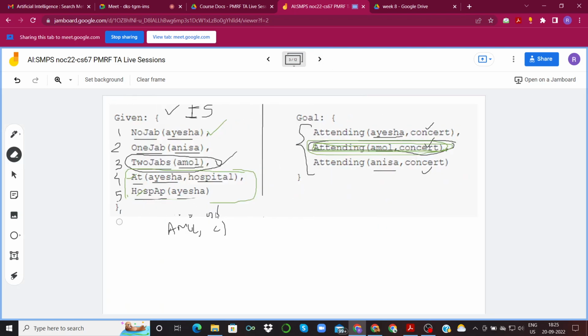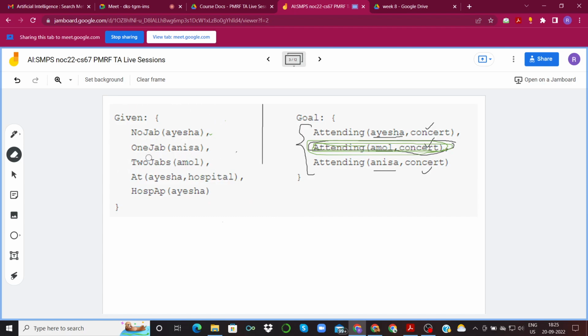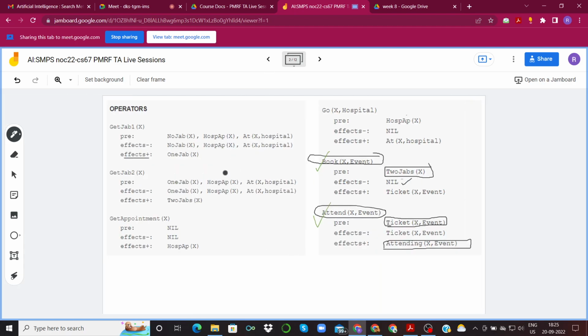Okay, so let's do away with all this rough work that we had done. So this is the initial state that we had. Based on these, which of these operators' preconditions is satisfied that we can think of?